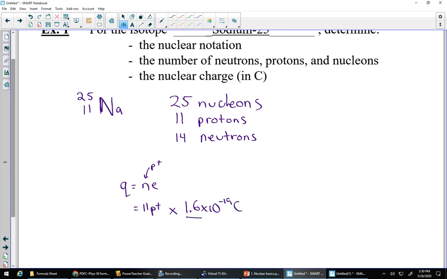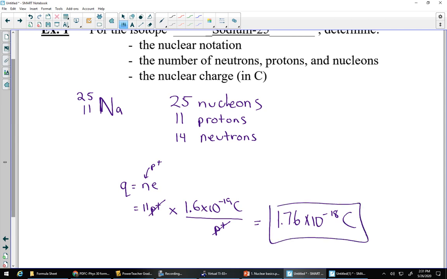I'm going to make this both the formula and a conversion factor: 1.6 times 10 to the negative 19 coulombs for every 1 proton. Protons cancel with protons, and I have no idea what the answer is, so I better get out a calculator. 11 times 1.6 times 10 to the negative 19. So that's going to be 1.76 times 10 to the negative 18 coulombs. Cool, we even have the nuclear charge.